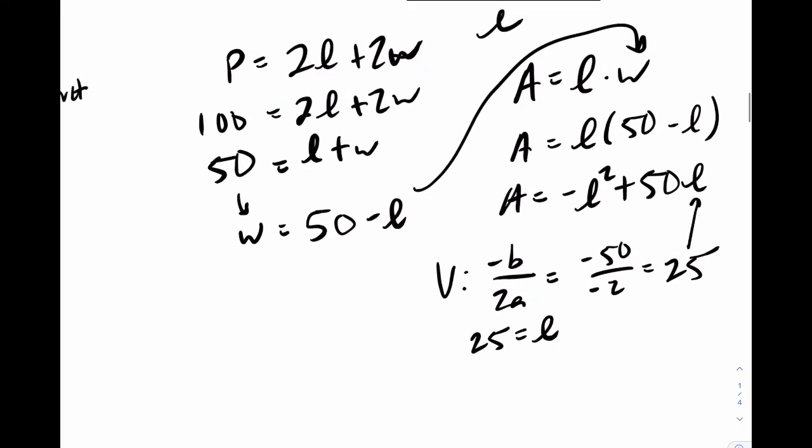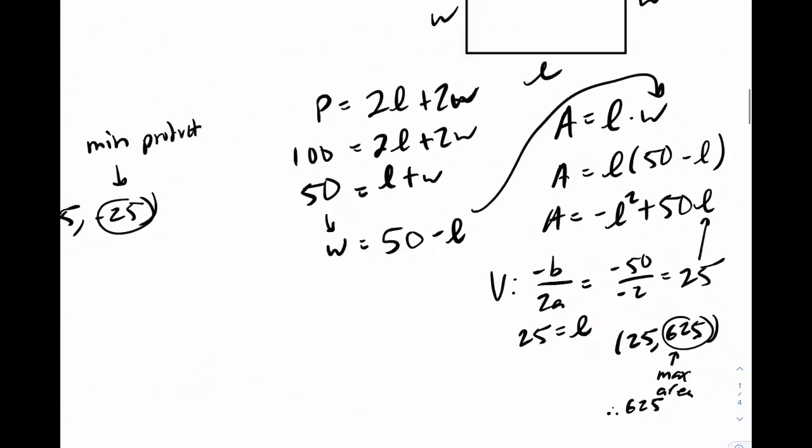So if you want, you can just plug it back in to find the whole thing. 25 comma. If you plug in 25 to this equation right here, you would get 625. And again, this would be like the standard vertex way. We'd say that's our max area. So I write therefore 625, what's our unit? Yards squared.